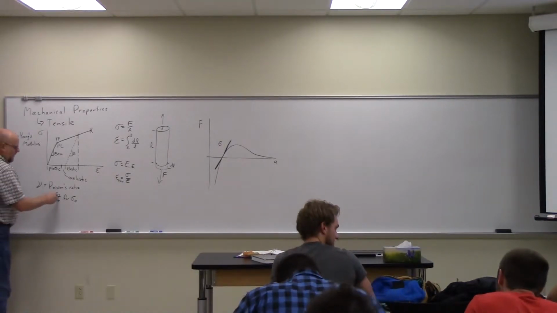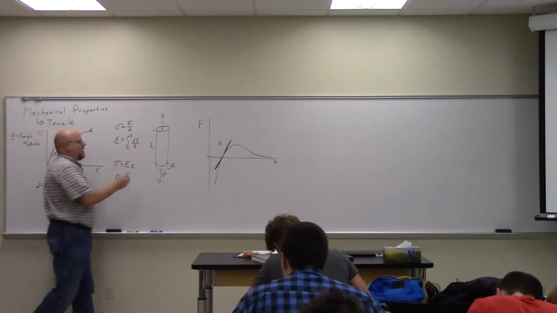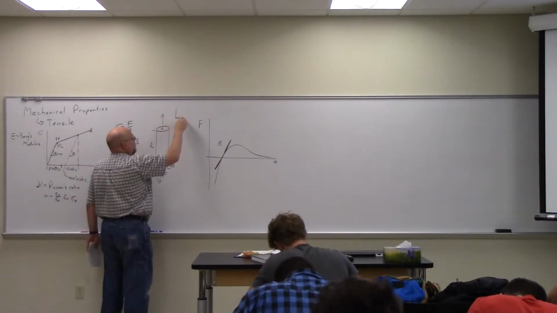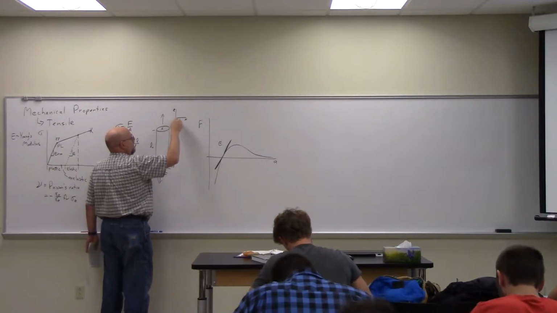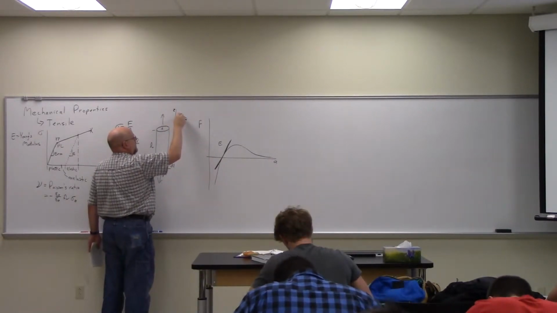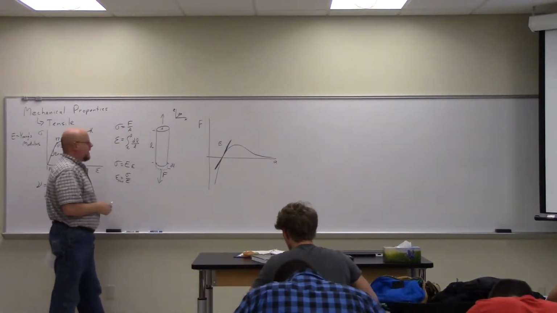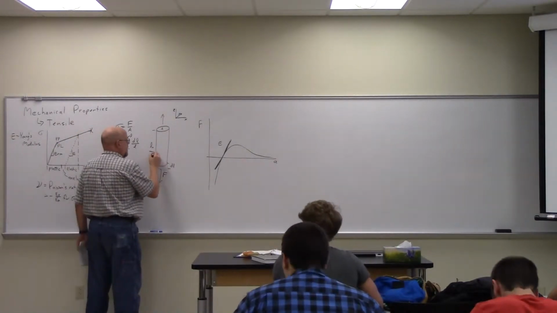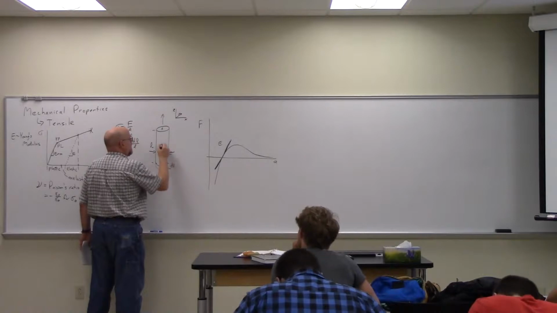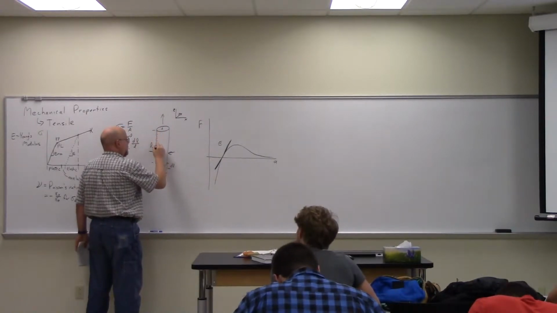So, Poisson's ratio, what does that mean? Epsilon X over epsilon Y, or epsilon X over epsilon Z, what that means is, if this is my coordinate system, in which case Y would be out the back, and I pull it in the Z direction, it's going to shrink in this direction as it elongates.